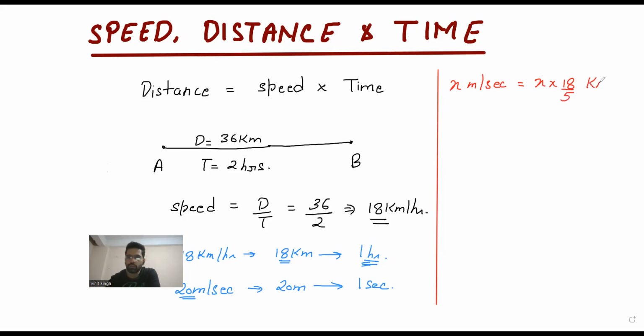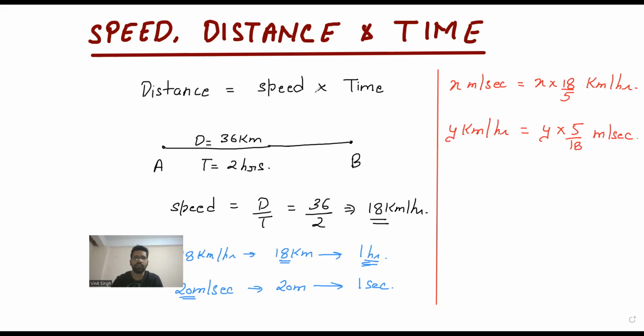Now the speed becomes kilometer per hour. If the speed is given in kilometer per hour and we want to change it into meter per second, here we will multiply by 5 by 18.